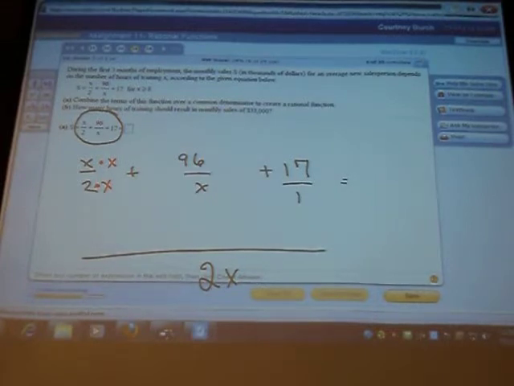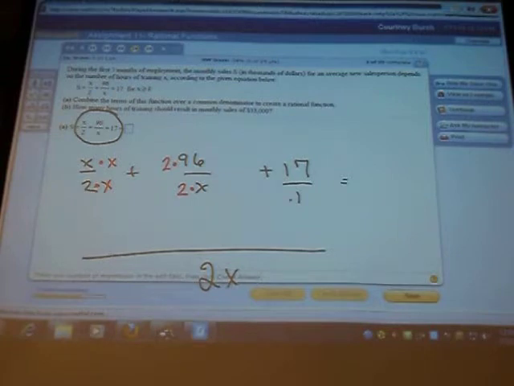Now what do I need to do to 96 over x? What am I missing? The 2. So I need to multiply x times 2 to make it 2x, which means I need to multiply 96 times 2. I'm going to do the same thing to the top and the bottom to keep it the same fraction.